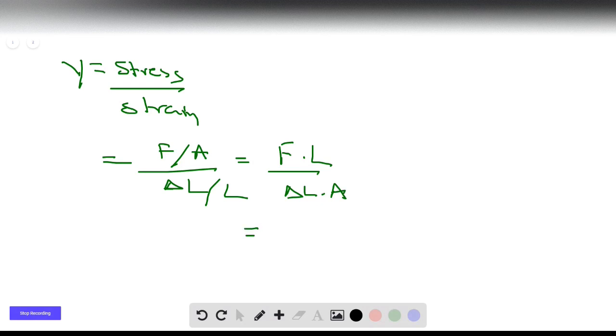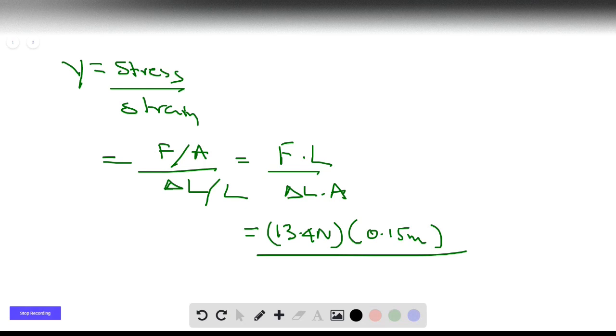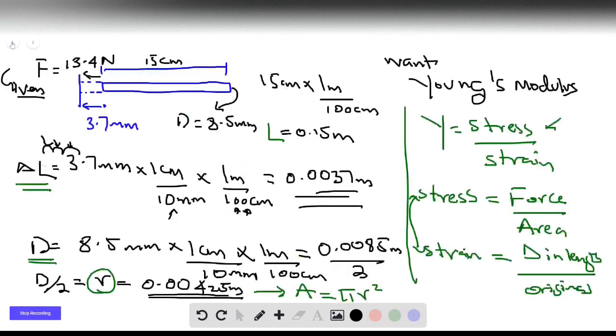So the force itself is 13.4 newtons. The original length, we already did a conversion to meters, so 0.15 meters, and it's helpful to do the conversions because that helps with the cancellations.